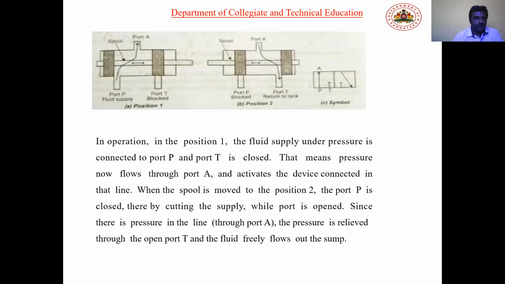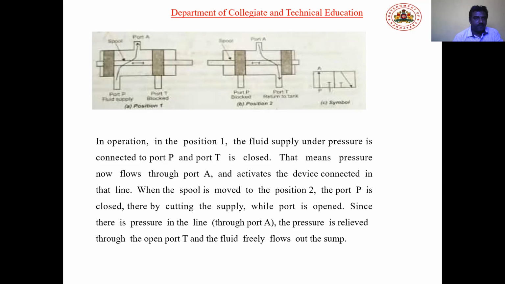So this is called a 3 by 2 sliding spool valve, since we have a spool inside the valve which slides from left to right. We have two positions here. In the first position, port P is open and the fluid is supplied through port P and connected to port A. In the next position, port P is closed.